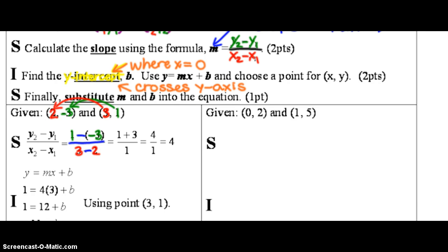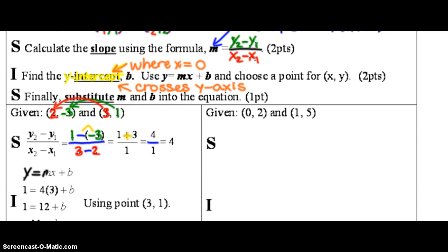Before I can divide, you have to remember 2 negatives together consecutively make a positive. So my 1 minus -3 becomes 1 plus 3, which we can simplify to 4. The sum is 4 in the numerator, and the difference, 3 minus 2, is 1 in the denominator. 4 divided by 1 equals 4. We have a slope of 4.